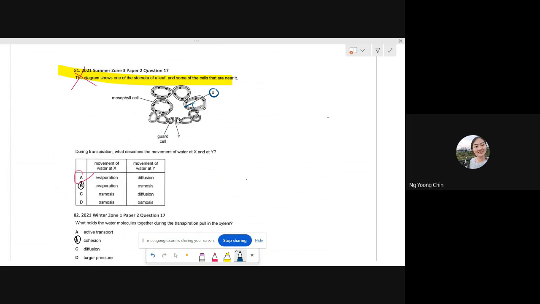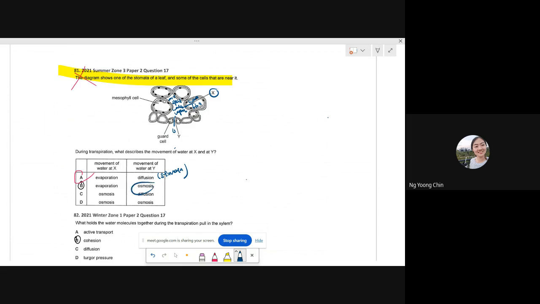Here they are still water, but when they enter the airspace they become water vapor, which is a gas. When they are released out from the stomata, it is by diffusion. So once the water enters the airspace and becomes water vapor, there is no more osmosis.